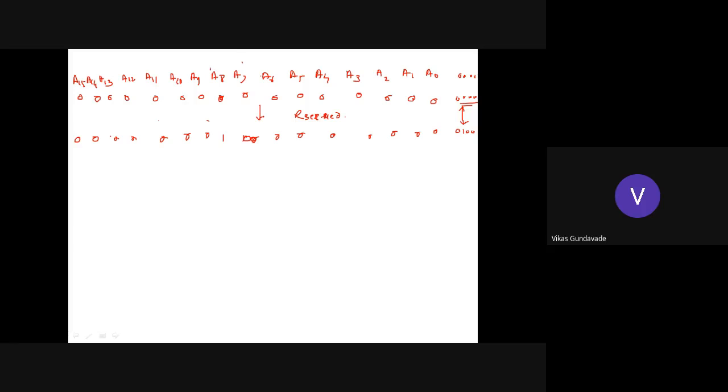Okay, so this much of space is available here, and that is reserved space. This much of space is reserved for a specific operation or for interfacing a specific memory.